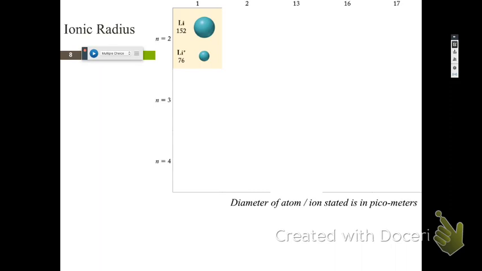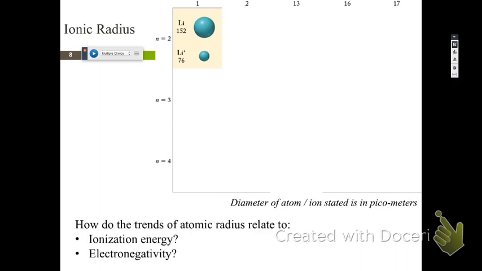Wait a second. Lithium plus has the same electron configuration as helium, and helium is smaller than 76 millimeters. But we have an additional... I have to think about that. What are the numbers for helium? I think it was put up there as like 32. Okay.